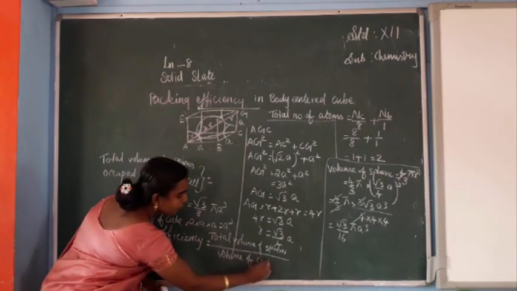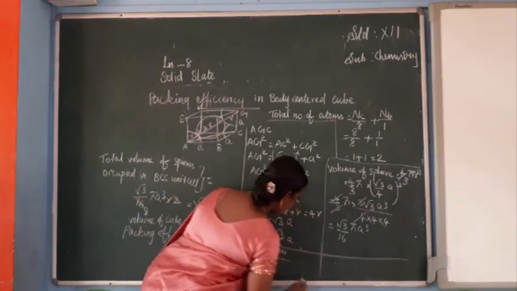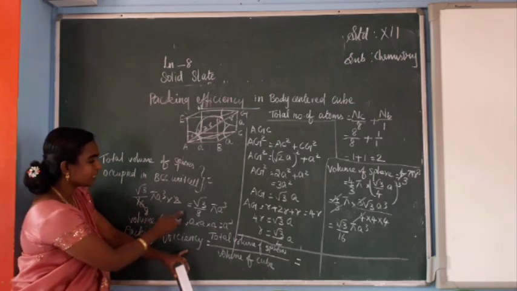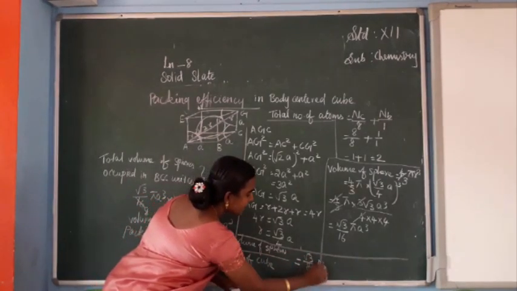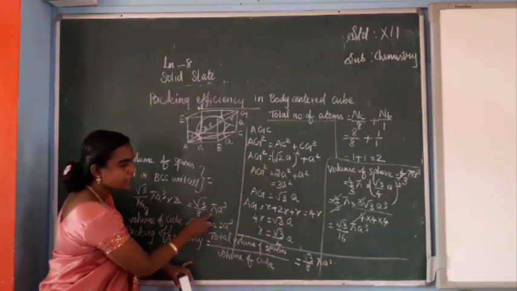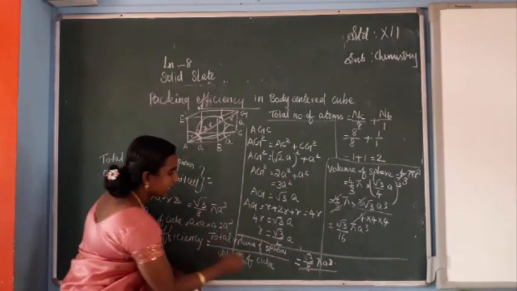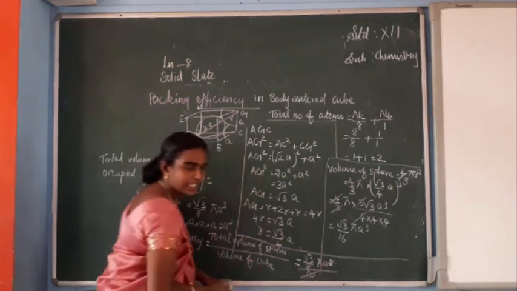The total volume of spheres is root 3 by 8 pi a cube, divided by this a cube. So this a cube and this a cube we can cancel.